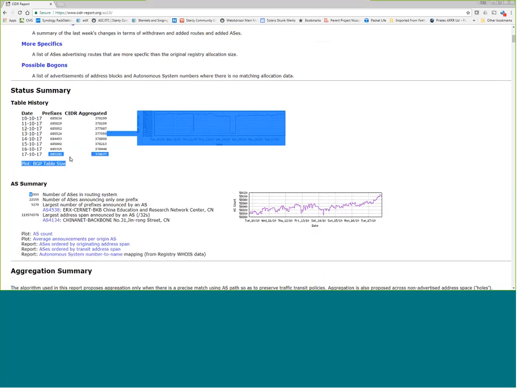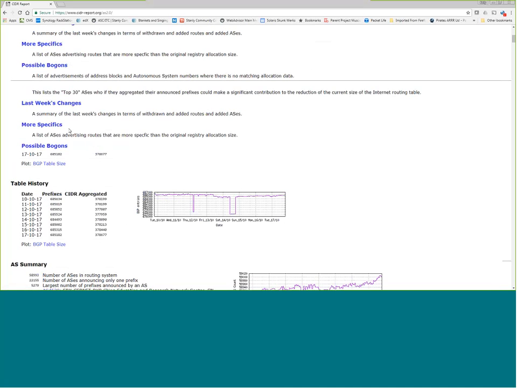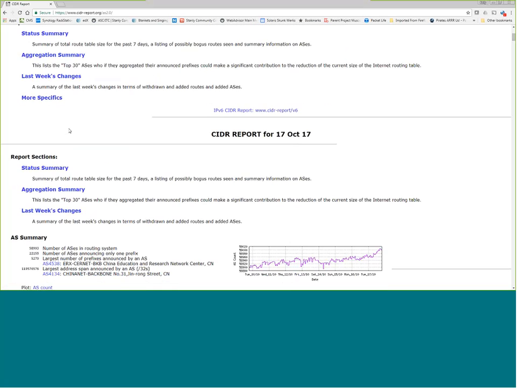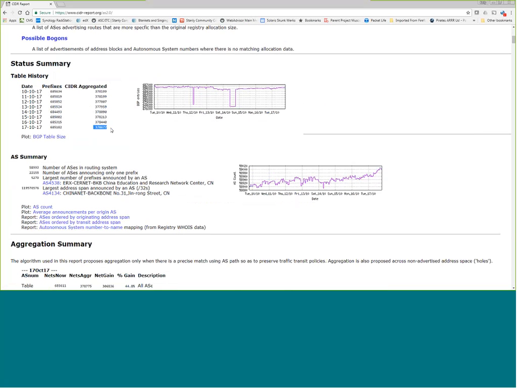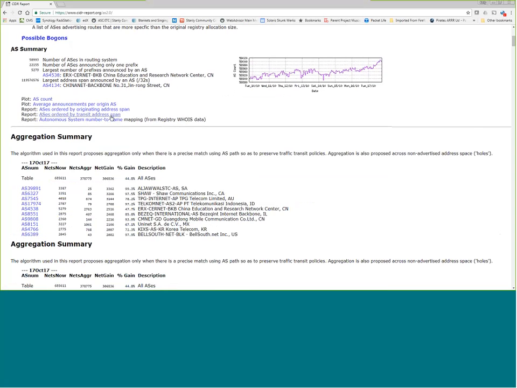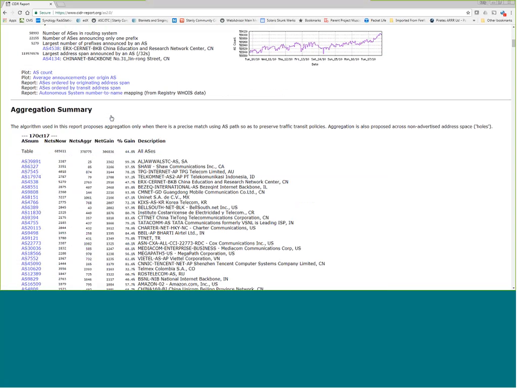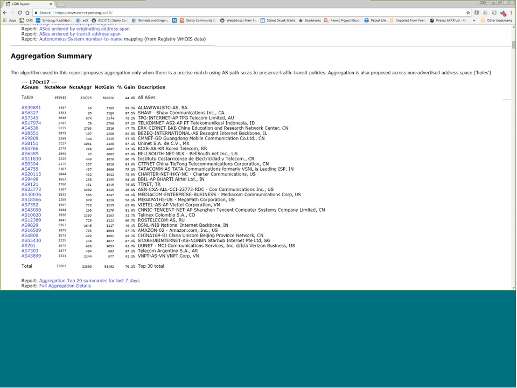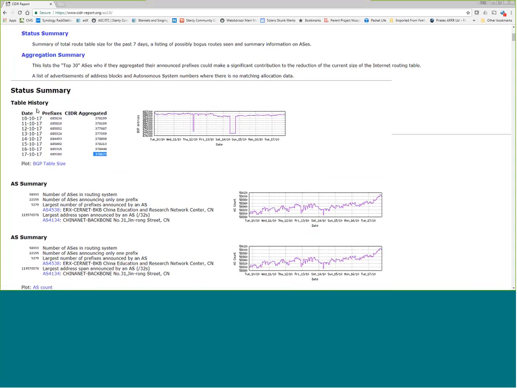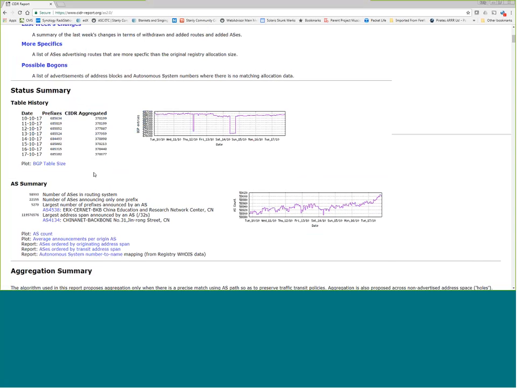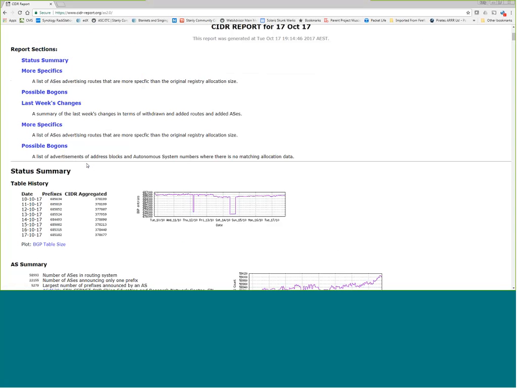There are 685,182 prefixes inside of the BGP routing table, and they're aggregated down to 378,677 routes. So that gives you an idea of the number of routes in the route table. This is what makes the internet go. This is how ISPs send information between one another.